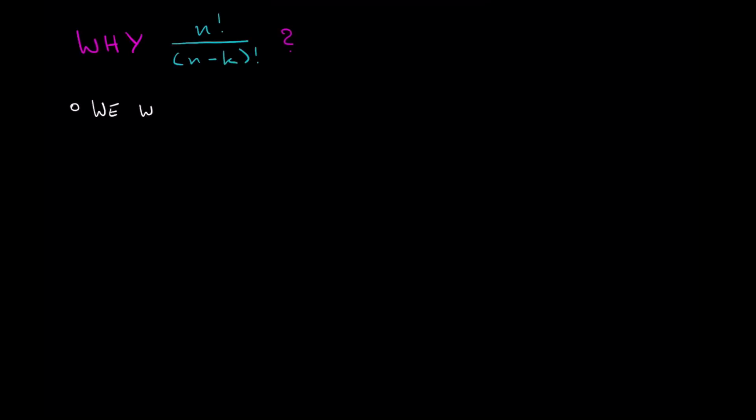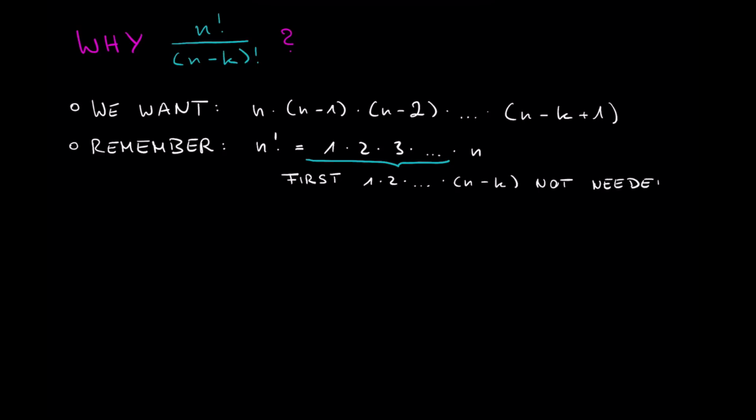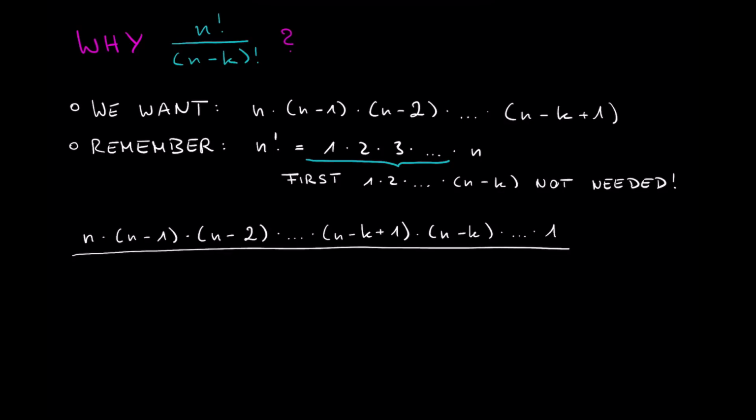For sampling without replacement, we want a closed formula which gives us this expression. Remember that the factorial of n is given by the multiplication of all numbers up to n, which can be written like this. If we compare this to what we want to obtain, we can see that the first multipliers are not needed, which means that we need to eliminate them somehow. This can be achieved by reducing this fraction.